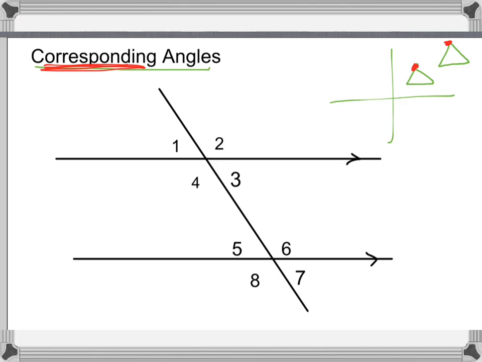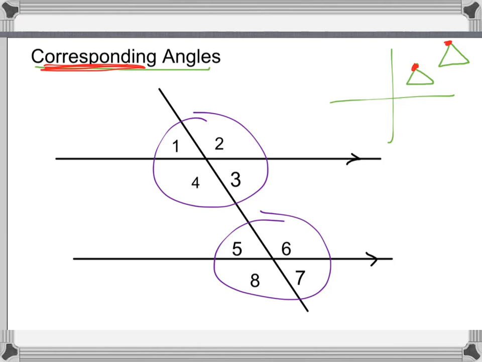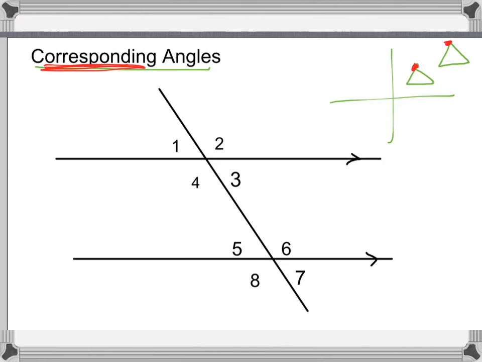When you have these 8 angles, the corresponding angles are going to be the angles in the clusters of 4. So this is the first cluster of 4. There's the second cluster of 4. Every pair of corresponding angles lie in the same position relative to their lines. Okay, so let's call this line 1 and line 2. Line 3, this third line, is a special line that's called a transversal.